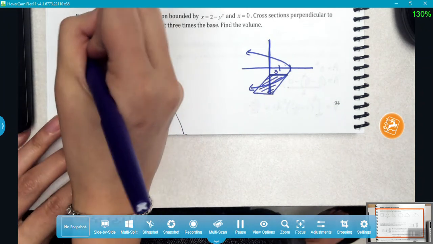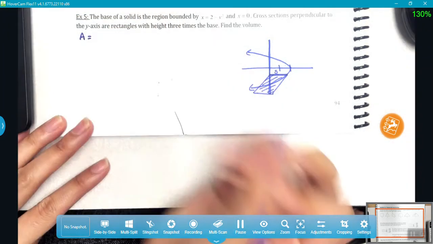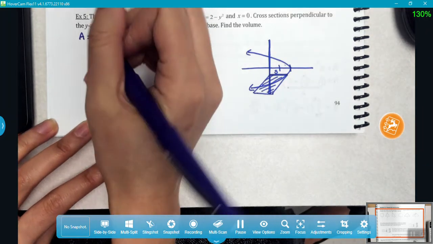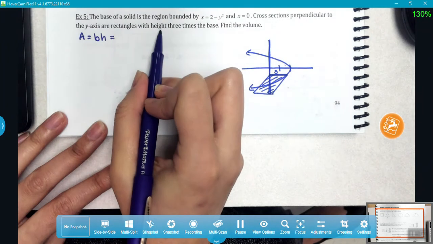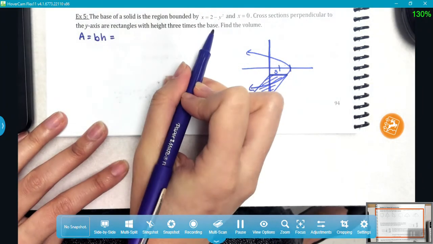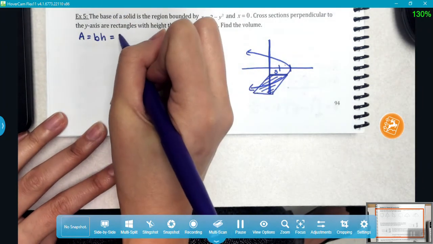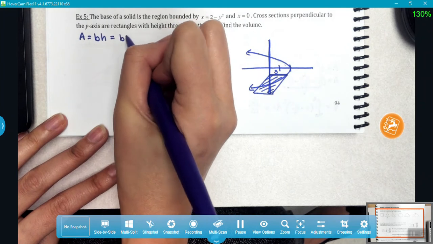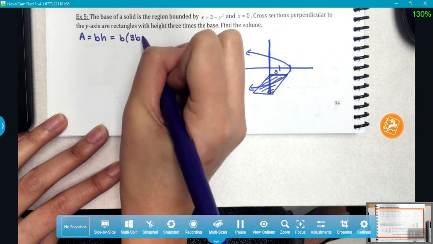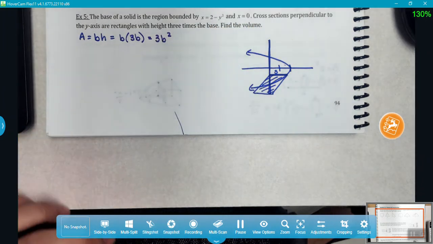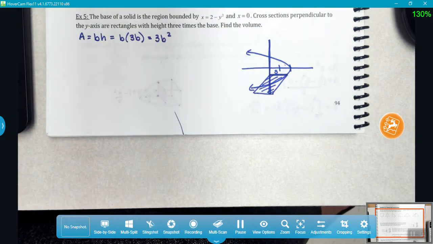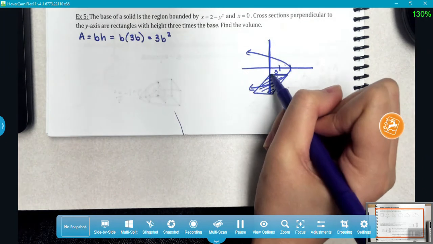Okay, so let's start with area. Area of a rectangle is base times height, but this says it has rectangles with height 3 times the base, so it's b times 3b, or 3b squared, right? Yes. Okay, then this is our base.